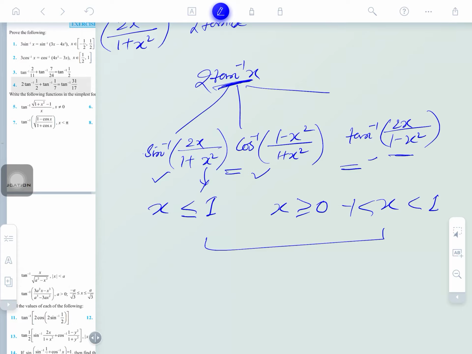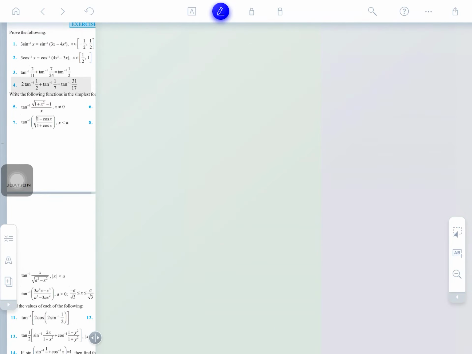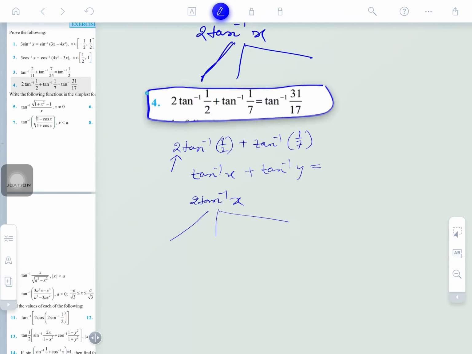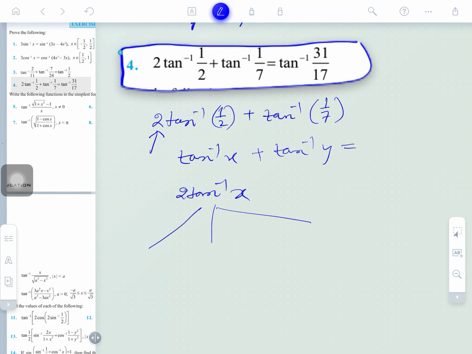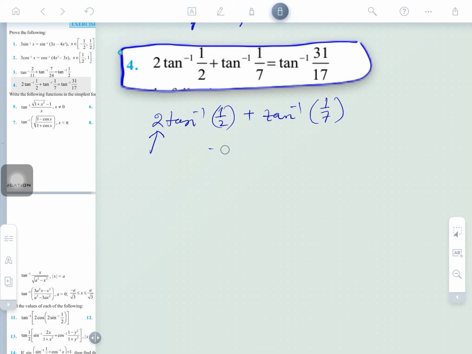We will convert into tan. The reason is that this type of situation will be created here. So, 2 tan inverse x. Finally, remember it for next time.